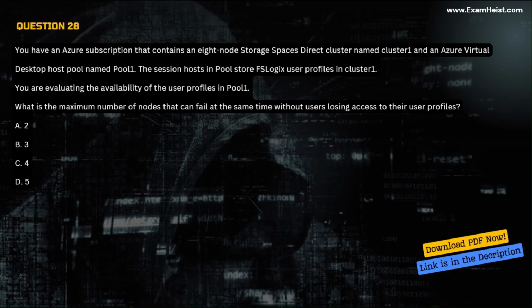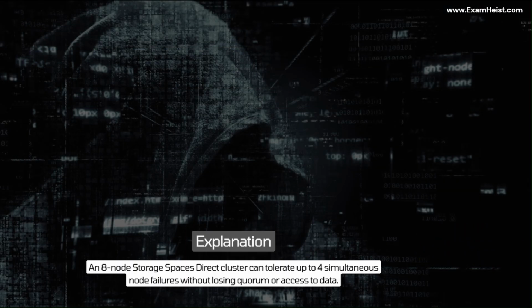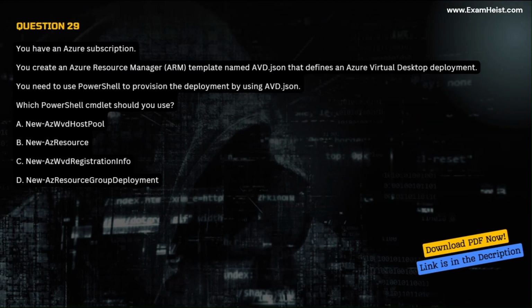A. 2, B. 3, C. 4, D. 5. Correct answer C. 4. Explanation. An 8-node Storage Spaces Direct cluster can tolerate up to 4 simultaneous node failures without losing quorum or access to data.